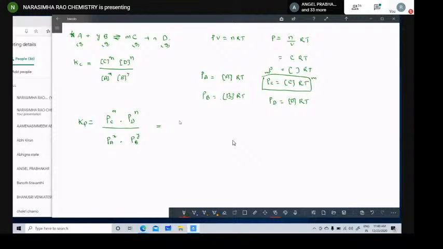Now for the example, partial pressure of C power m we may write as active mass of C power m and RT whole power m.